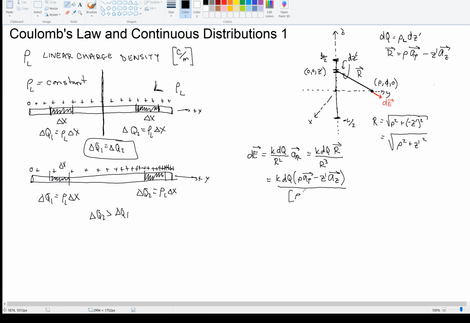So I'm going to write it like this. This comes up quite a bit, so we'll just get used to seeing this 3/2. It's kind of strange in other subjects, but in electromagnetics the 3/2 power comes up quite a bit.